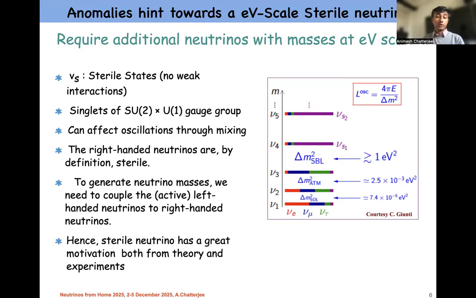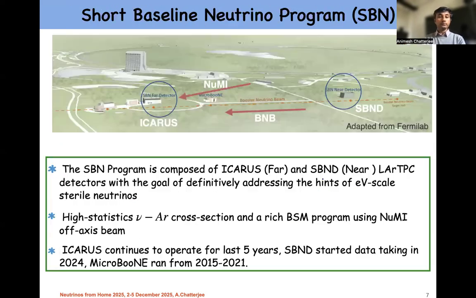It is a right-handed neutrino by definition. To generate a neutrino mass within the standard model, we need a right-handed neutrino as well. So in a sense, both the theory and the experiments are motivating towards sterile neutrinos.